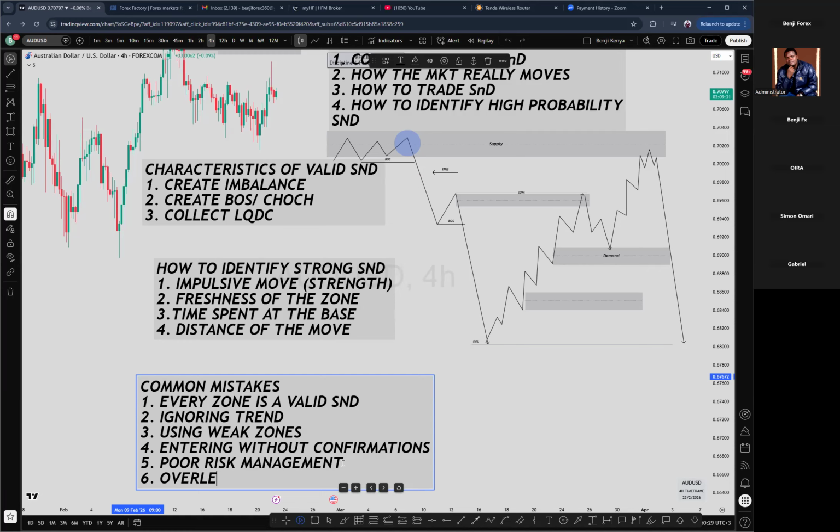Then something else is what we usually call over leveraging. Over leveraging is one of the bad habits that traders have. It's for traders who fund a small amount of money, $20, $100, even up to $200, and now you want to over leverage.